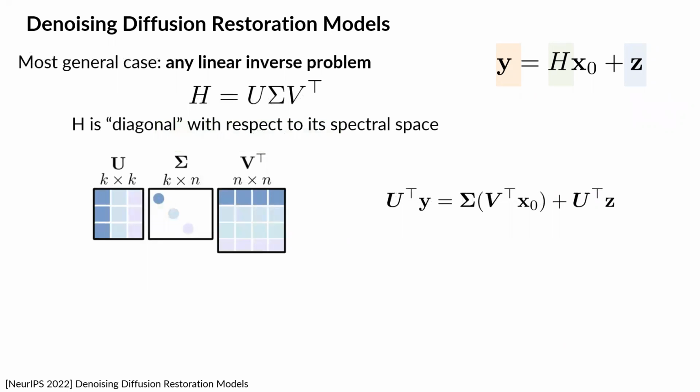Finally, let's go to the most general case, which corresponds to any linear inverse problem. In this case, H is a general linear matrix. Well, not all linear matrices, but most of the linear matrices are useful to us, and there are ways to compute the SVD, or singular value decomposition, of this. Concretely, we can decompose H with an orthogonal matrix U times the diagonal matrix sigma times the orthogonal matrix V prime.